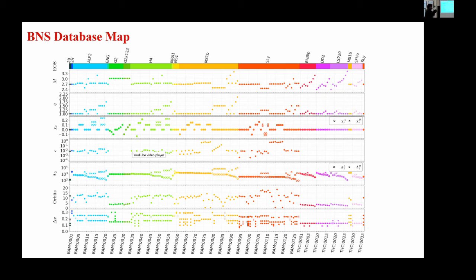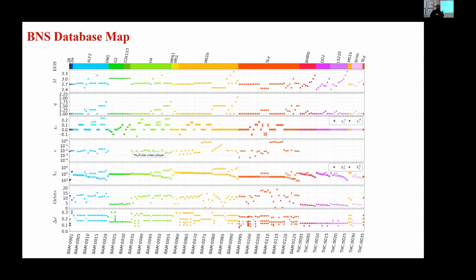So this is a very interesting map because this is what drives the development of template waveform banks, which are then used in the matched filtering technique for detection of such systems. So such a database from the numerical relativity side is a very important thing to have. And for binary neutron stars, we have it.